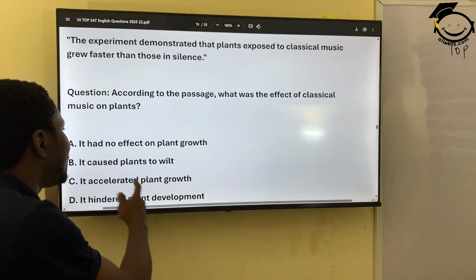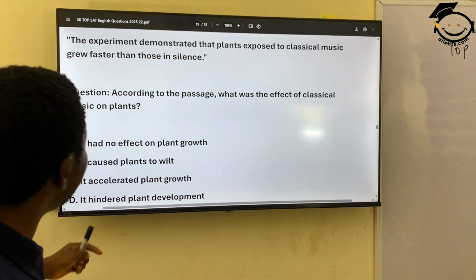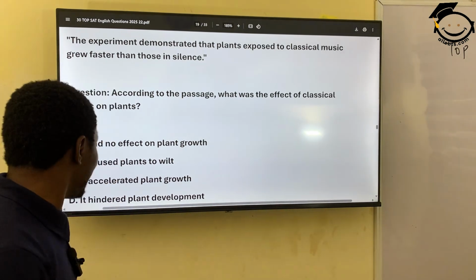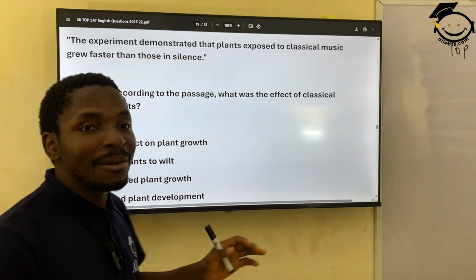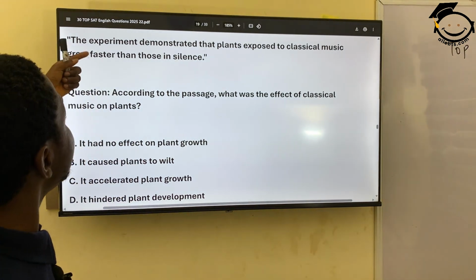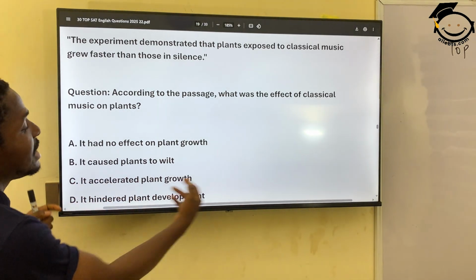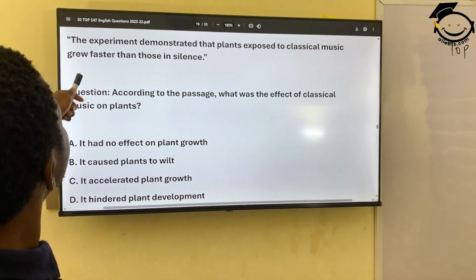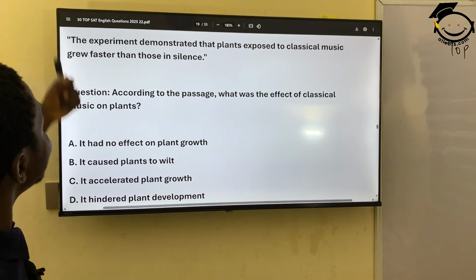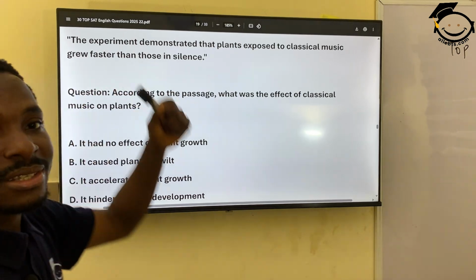B. It caused plants to wither, to die. C. It accelerated plant growth. D. It hindered plant development. Which is it? Definitely, the context of the passage explains this. It accelerated, right? Yes, it accelerated. The experiment accelerated the growth of the plants compared to those that were in silence.